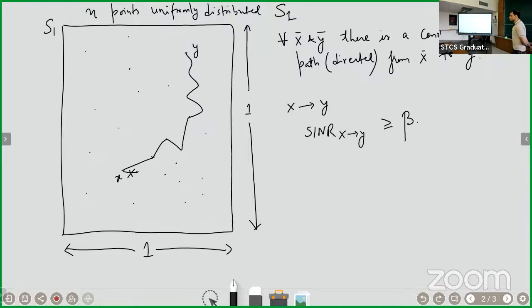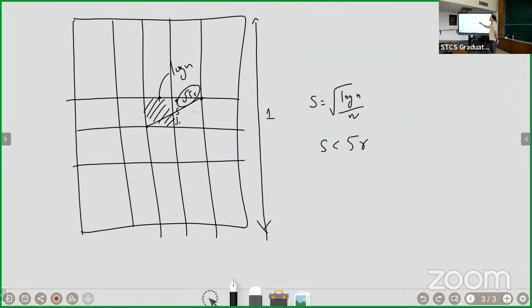What can I play with? First of all, you think about it. Suppose I make these smaller squares. If I take s equal to square root log n, the same thing holds yet again. There are roughly log n points. So now how do I ensure connectivity?